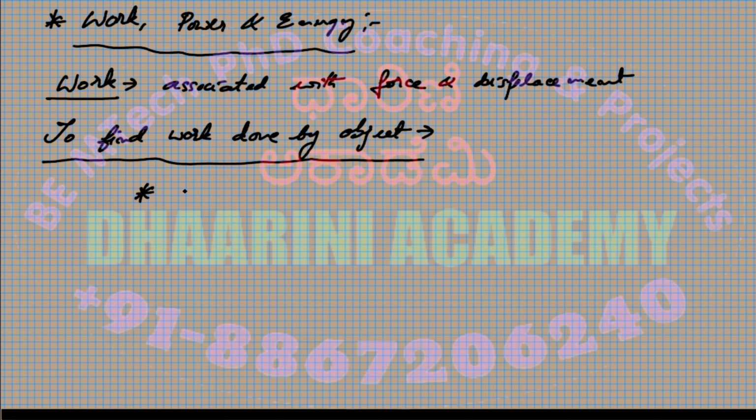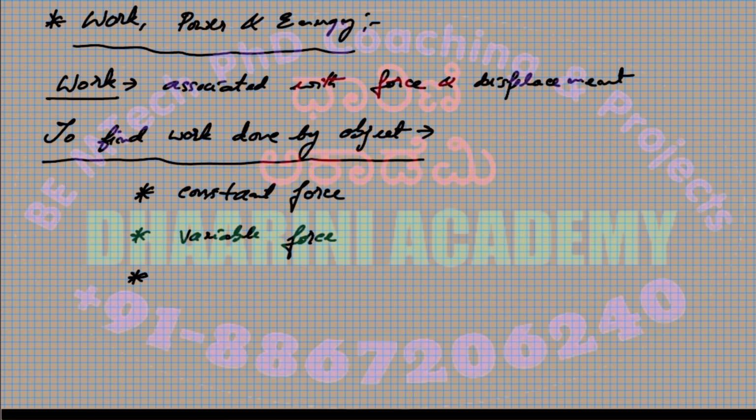So the constant force is our first case. Second case is the force varies with the time, right? Initially, I apply 2 newtons, after 1 second, 3 newtons, then 6 newtons. You see, it's varying, right? So, variable force. This is variable force.